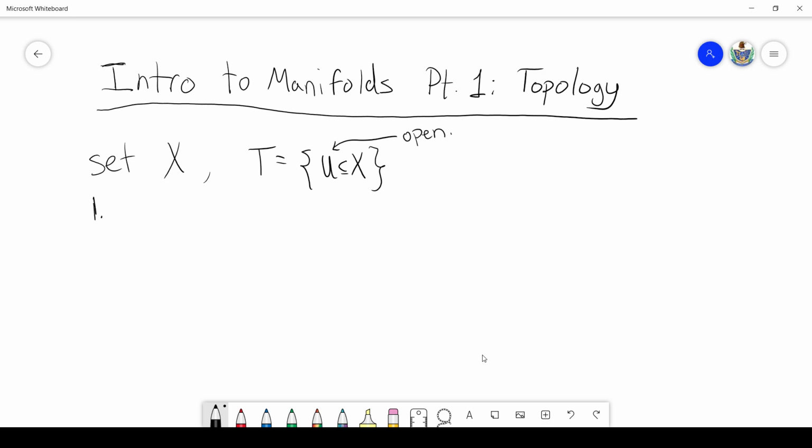The first condition is that the empty set and the entire set X have to be elements of the topology, which means that the empty set and X are open. Well, they are also closed, but we'll get to that later. I got ahead of myself there.